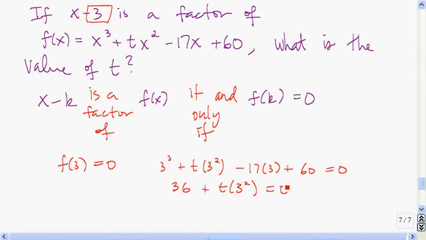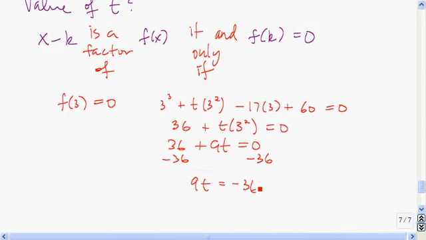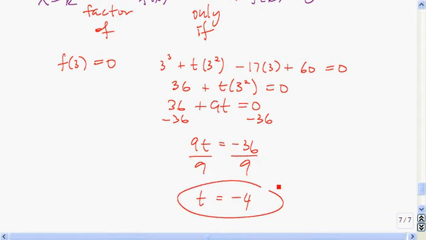So 3 cubed minus 17 times 3 plus 60 is equal to 36. So we have 36 plus t times 3 squared is 0. 3 squared is 9, so we have 36 plus 9t is 0. We'll subtract 36 from both sides, so we get 9t is equal to 36. Divide both sides by 9 to find the answer, and we find that the value of t is negative 4.